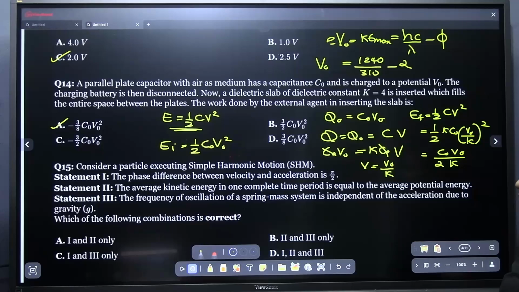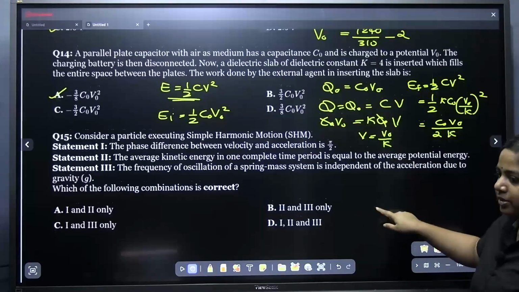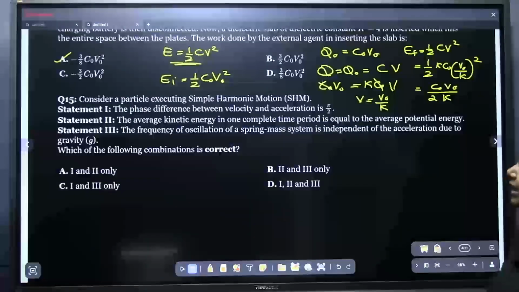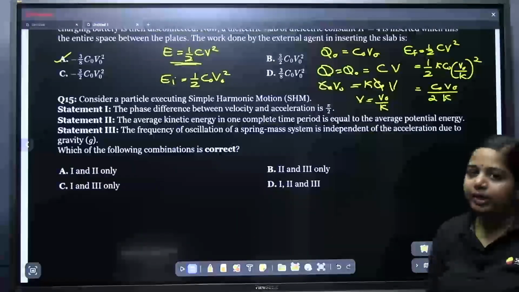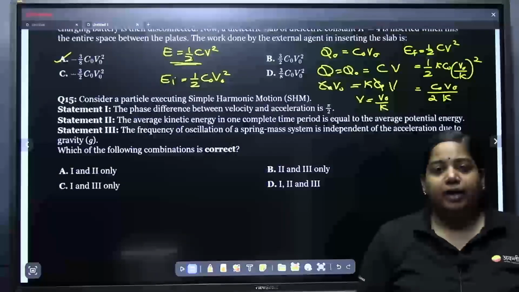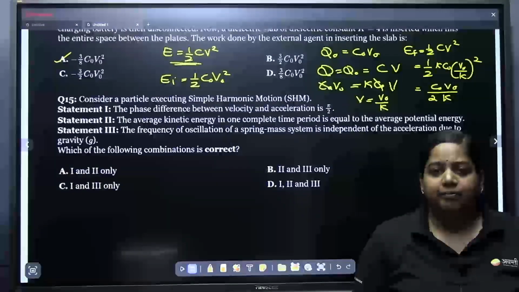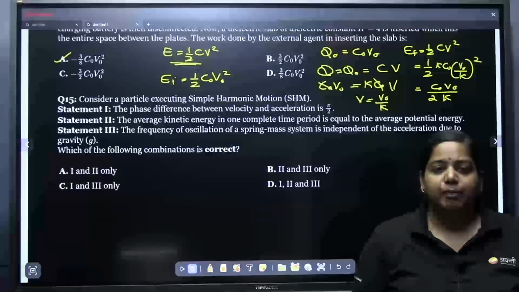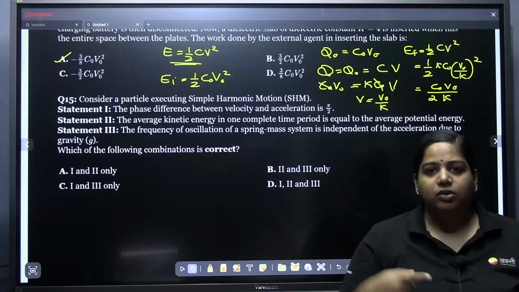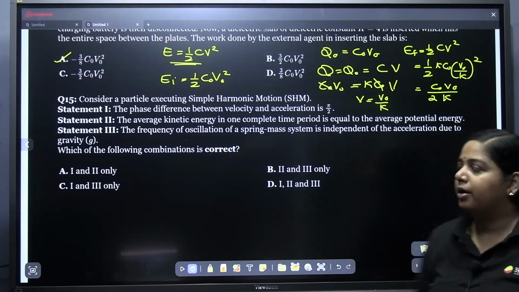Okay. Let's see the next question. Phase difference between velocity and acceleration is pi by 2. That is true because velocity is equal to a omega cos omega t and acceleration is equal to minus a omega square sin omega t. So sin and cos is there, and the phase difference will be pi by 2.